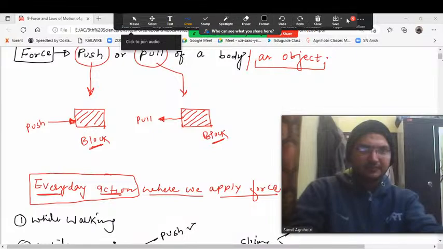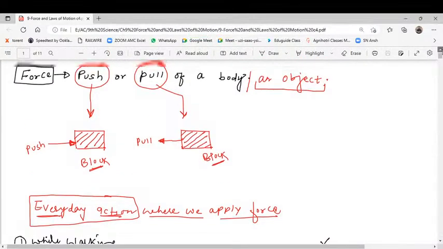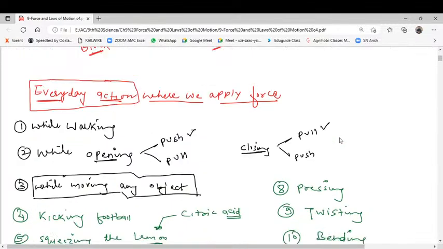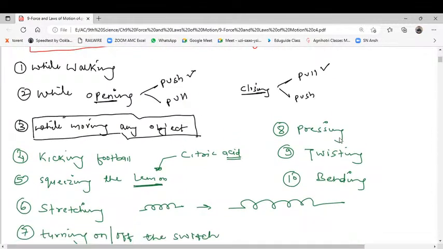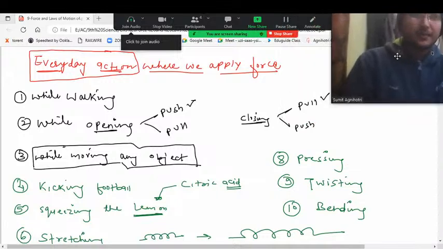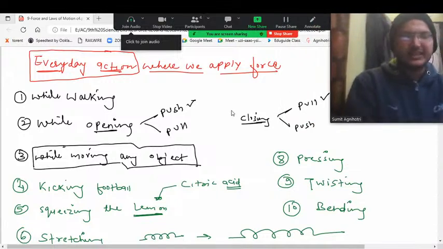Okay, exactly. These are different examples I have presented. You can just go through this.